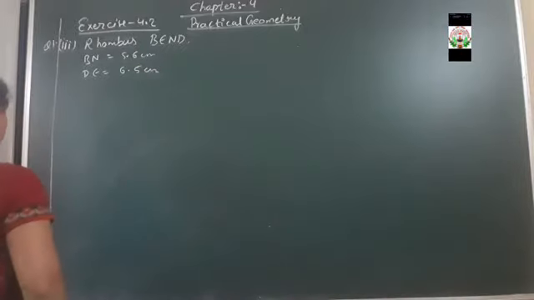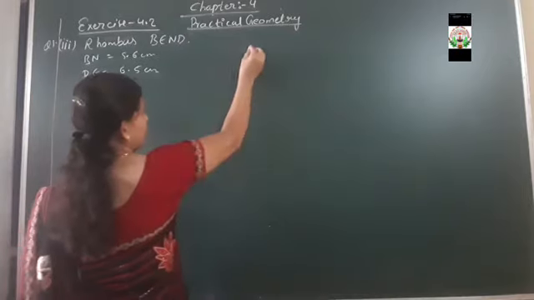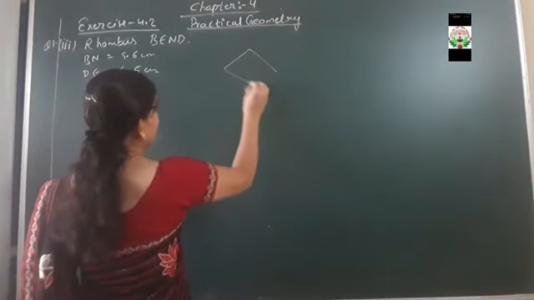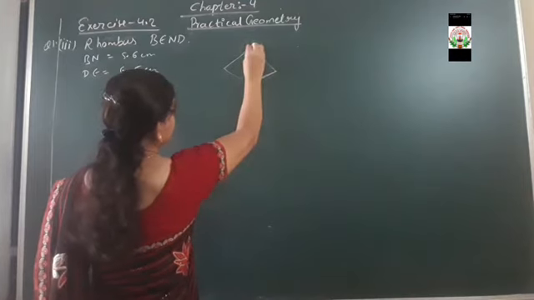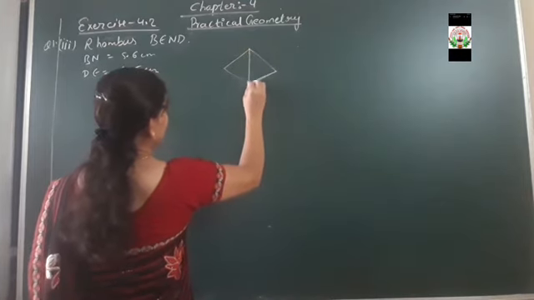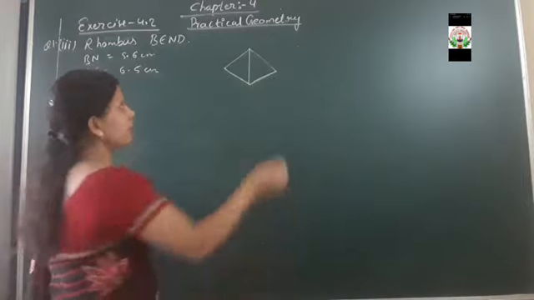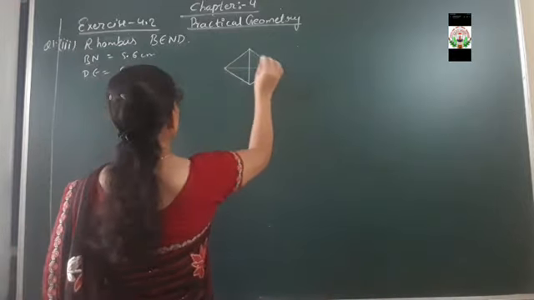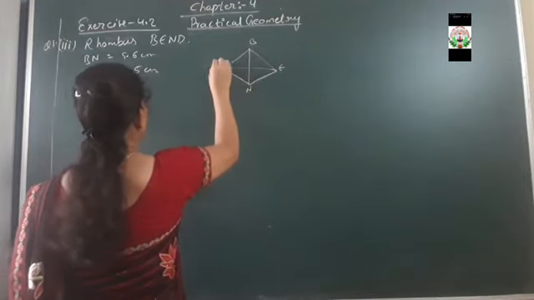Now, for this first what you have to do? You have to create a rough sketch. So dear student, a rough sketch will be like this. A rhombus will be, as we know that in a rhombus all the four sides are equal, but in this question the diagonal measurement is given. So B, E, N, D. Okay.